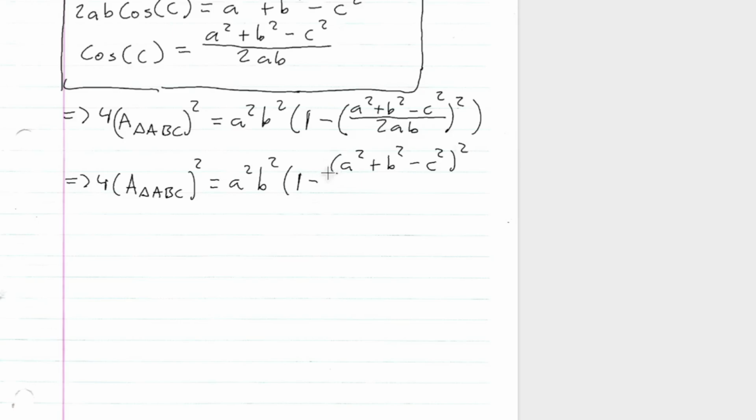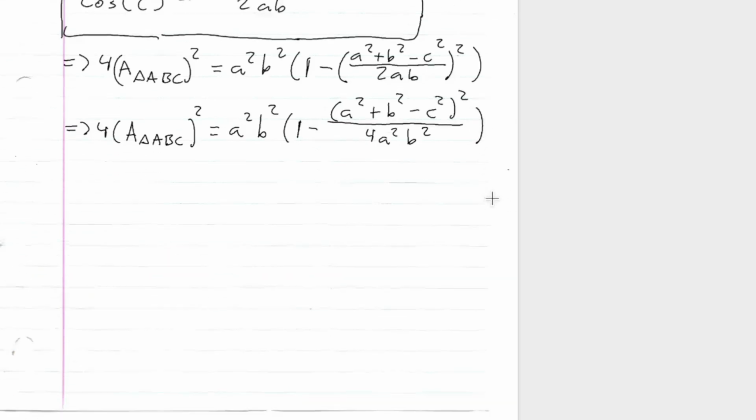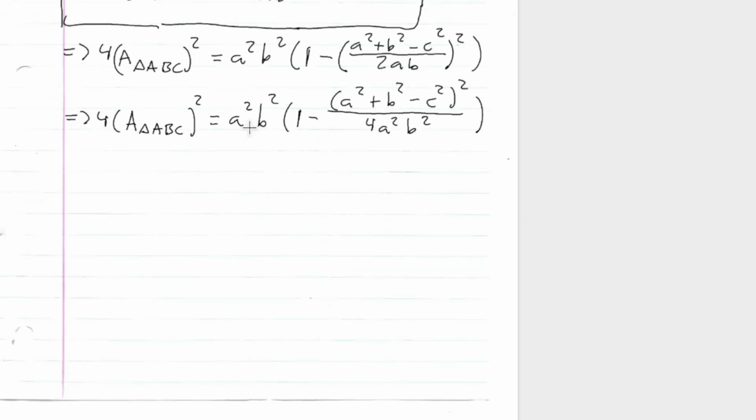But the bottom, I'm actually going to do, because it's a little easier. So 2ab times 2ab would be 4a squared b squared. Right? So now I'm going to distribute this a squared b squared to both of these terms, right?